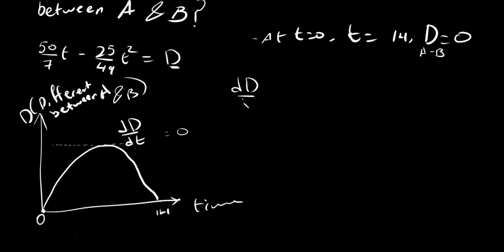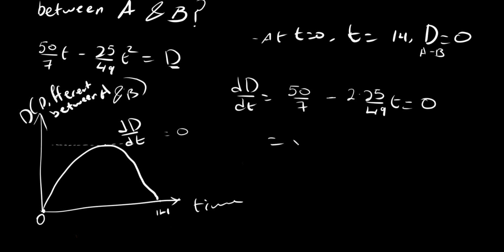If I derive my t, it's going to be equal to 1, and the constant stays the same. If I derive 25 over 49 t squared, it's going to be 2 times 25 over 49 times t to the power of 2 minus 1. Because when D is maximum, dD over dt is going to be equal to 0.